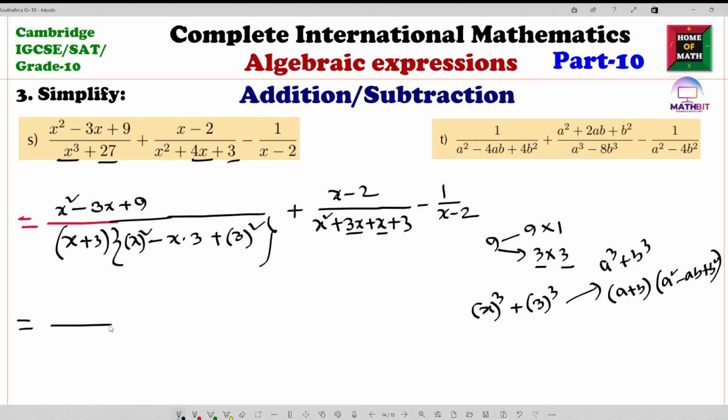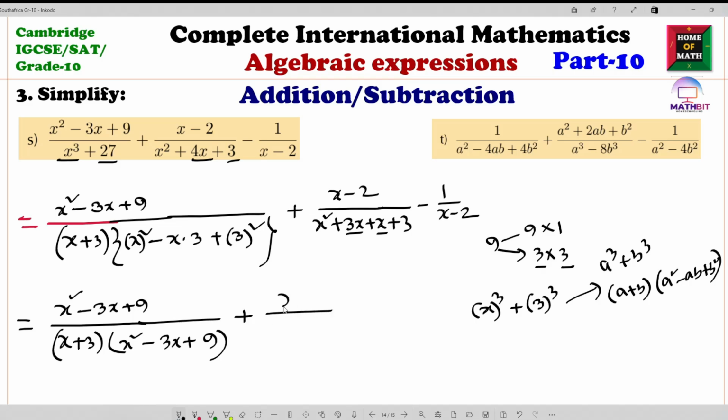So here is x square minus 3x plus 9, and here is x plus 3, then x square minus 3x plus 9, right? And here is plus x minus 2 over x square. Here we can take common x, so x plus 3 plus 1 common, again x plus 3, and here is minus 1 divide x minus 2.